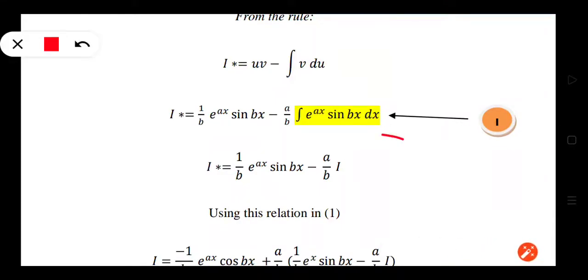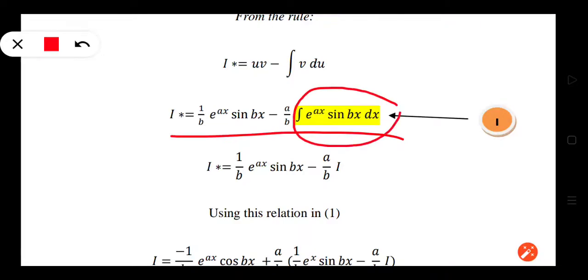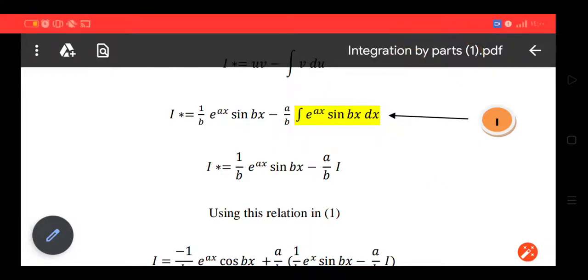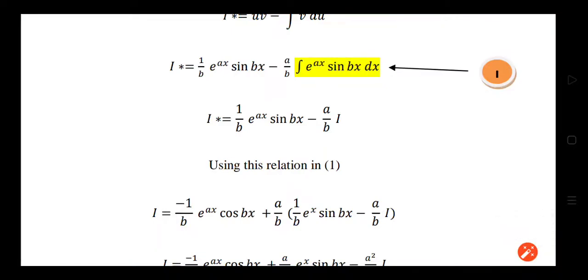So now we have 1 over b e power ax sine bx minus a over b times the integration of e power ax sine bx. The integration e power ax sine bx, which is the main integration, we denote by I. Then I star will be 1 over b e power ax sine bx minus a over b I. Let us put it in relation 1.